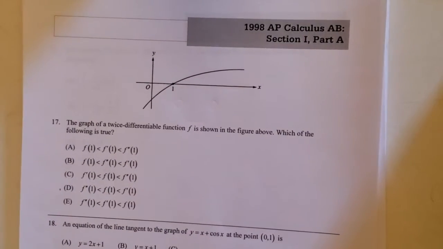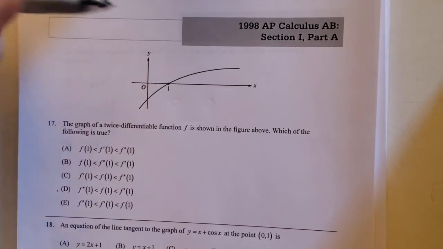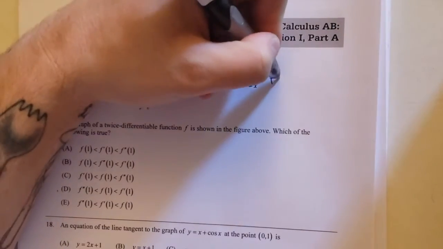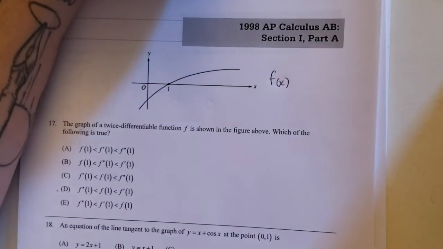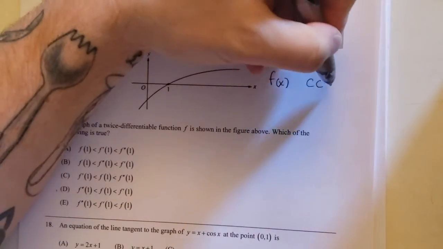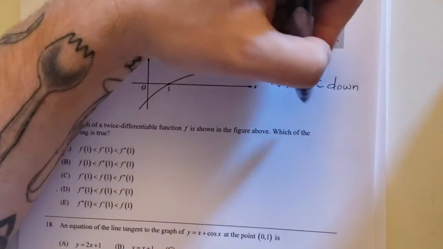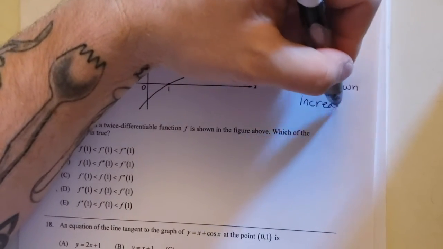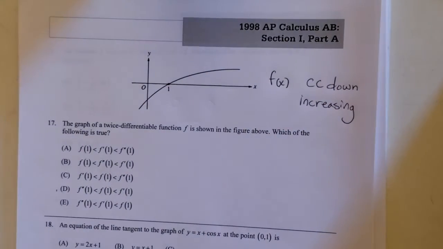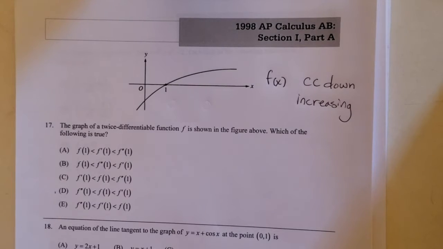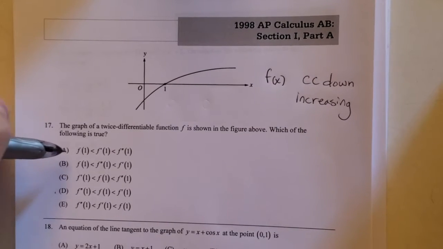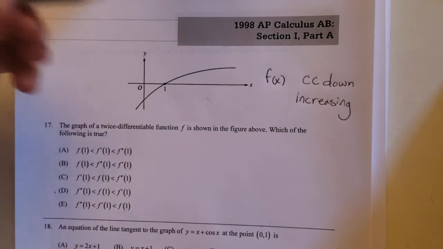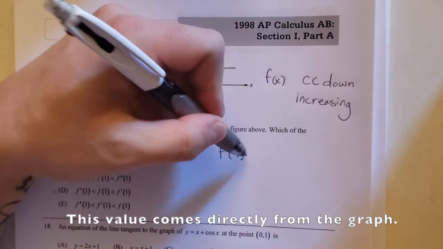Okay, so for problems like 17, we are given a function f. F of x is concave down, but increasing. Getting these allows us to analyze stuff for our first and second derivative. So f of 1 is equal to 0.